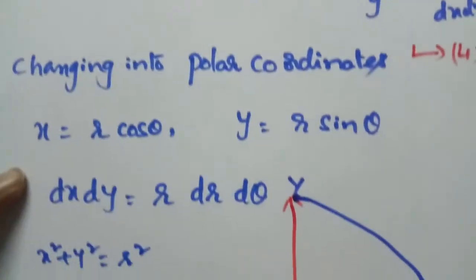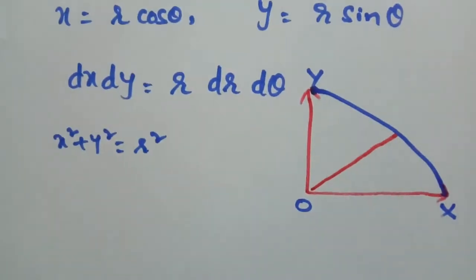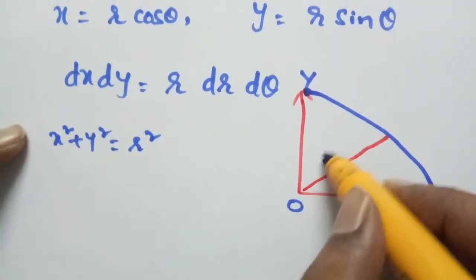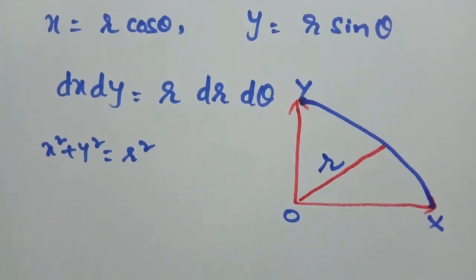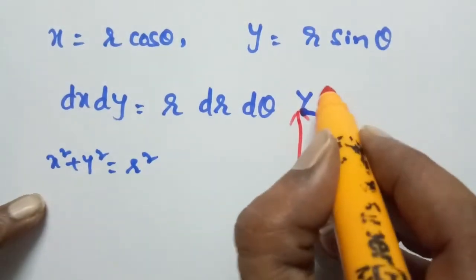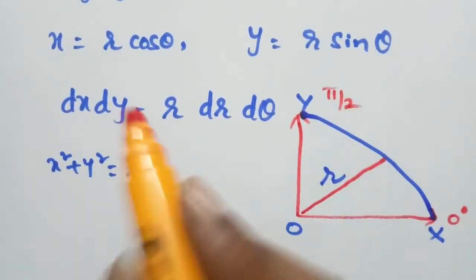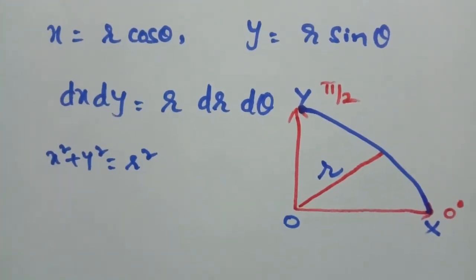So the radius r varies from 0 to infinity, and theta varies from 0 degrees to 90 degrees. In the first quadrant, theta varies from 0 to pi by 2.